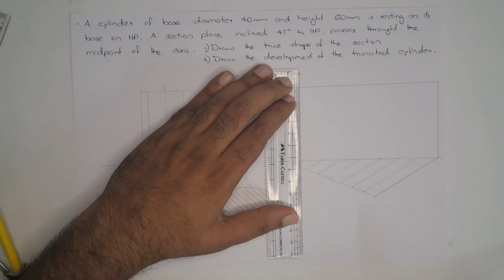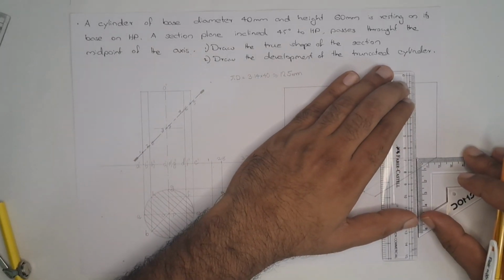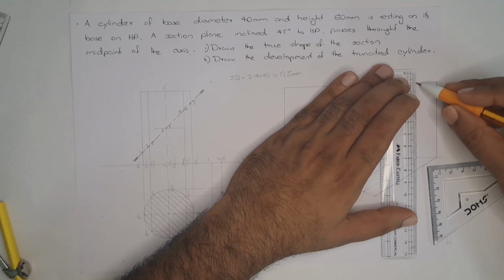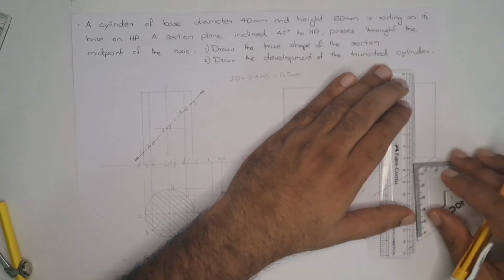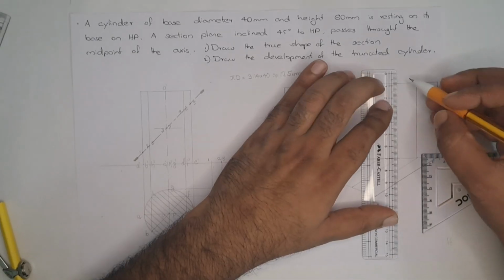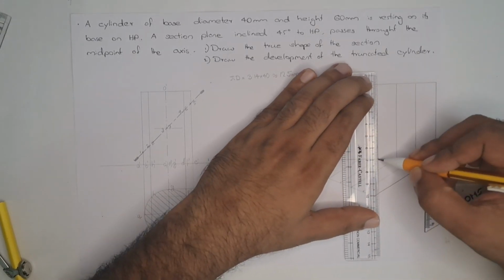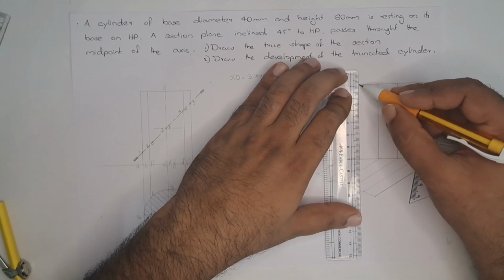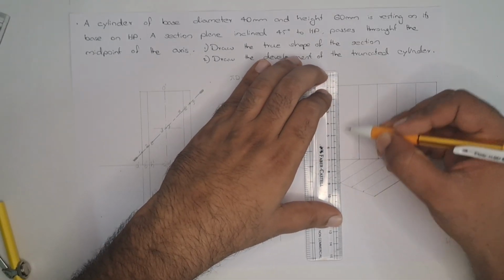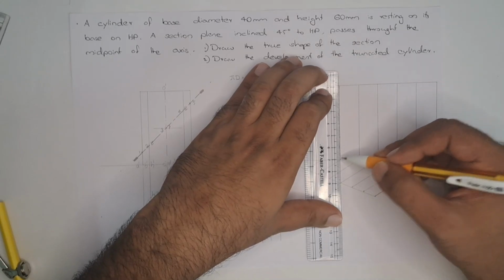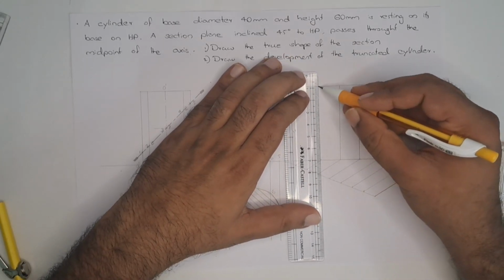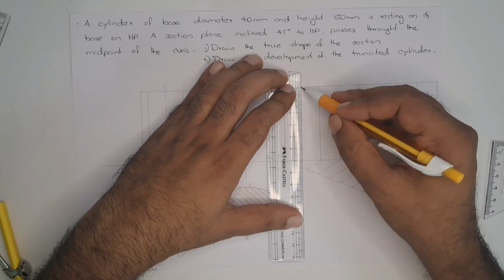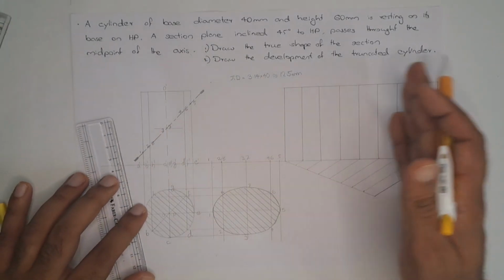And we just need to draw. So this is divided into 8 equal parts.